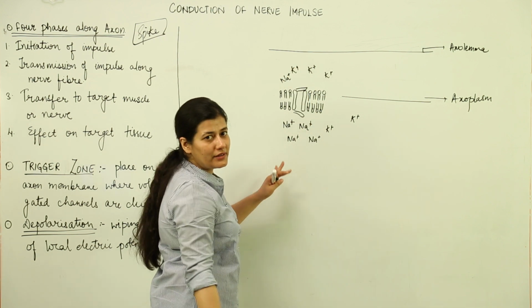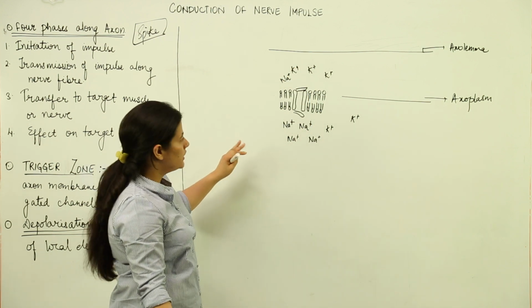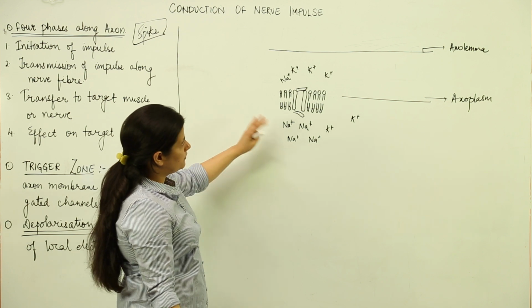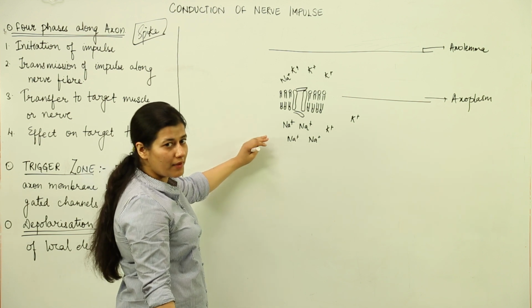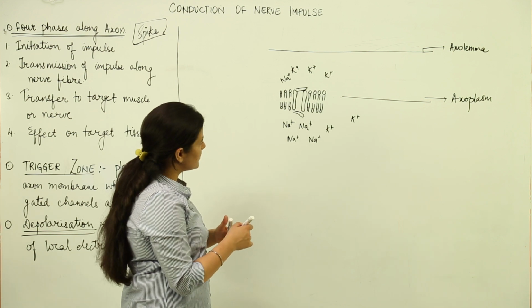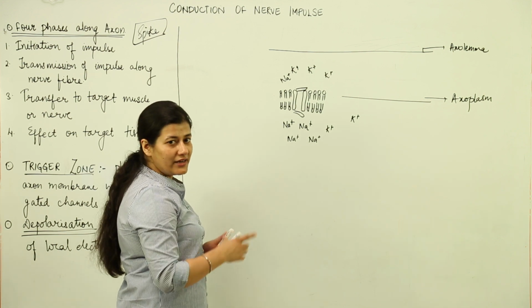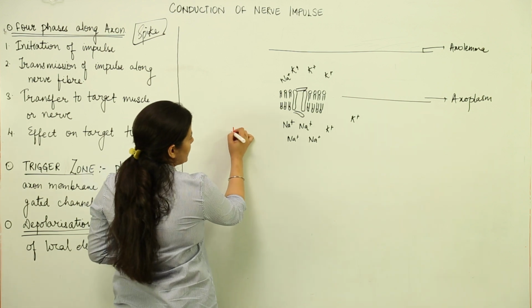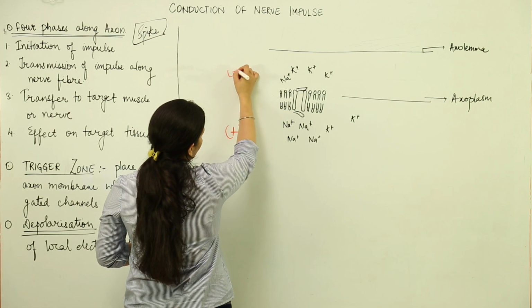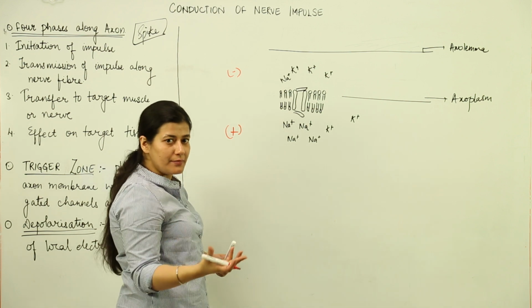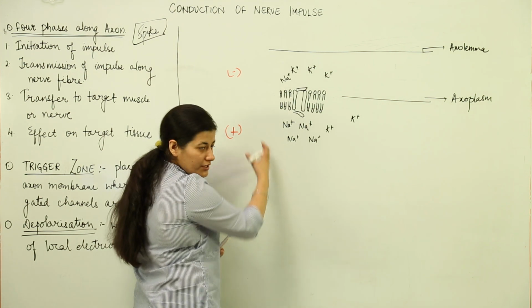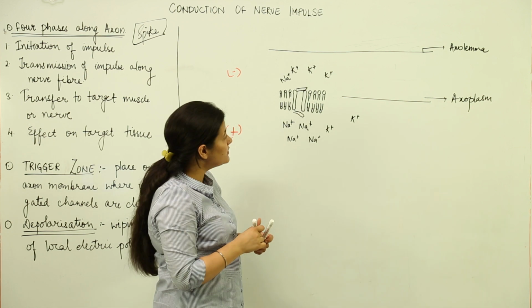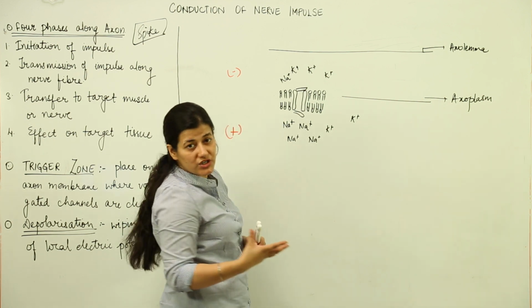You need to remember that the membrane is more permeable to K positive as compared to sodium. In order to maintain the resting potential, that is positive outside and negative inside, there are electrogenic pumps which allow 3 sodium to come out and 2 potassium to go inside. Those are known as electrogenic pumps, and then there are voltage gated channels.